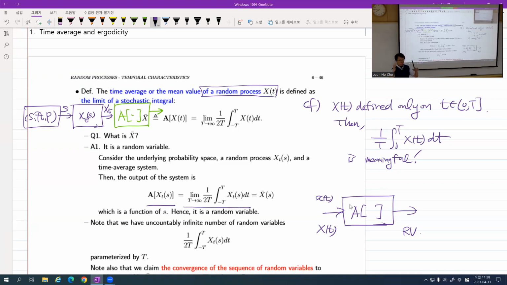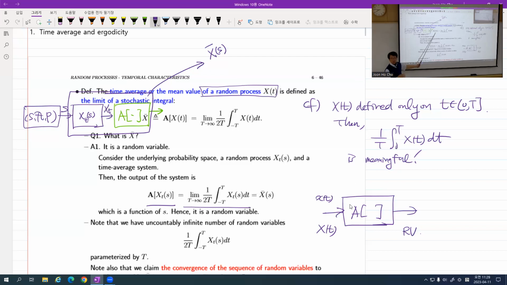Because when we have something that generates some real function of s, we call it a real random variable. If it's a complex function of s, then it's a complex random variable. So let me repeat: the time average of a random process is a random variable.